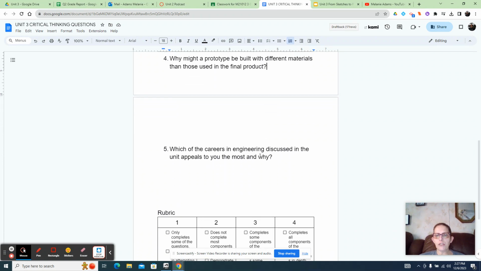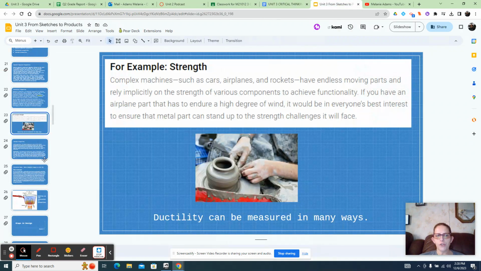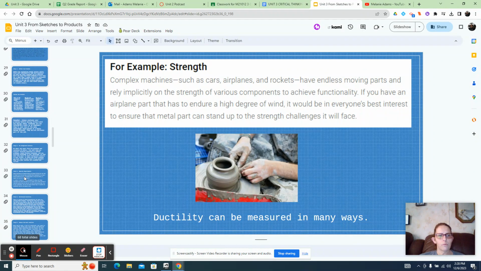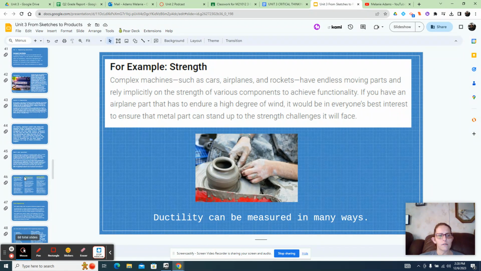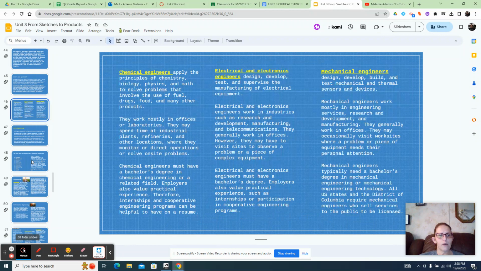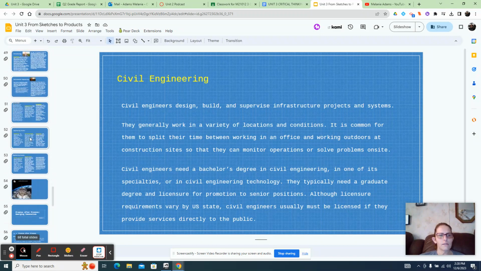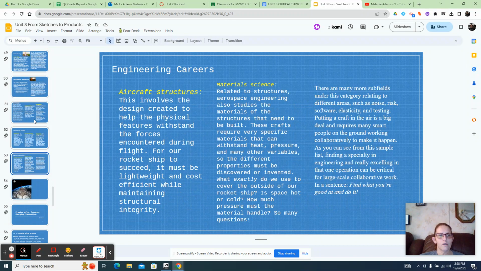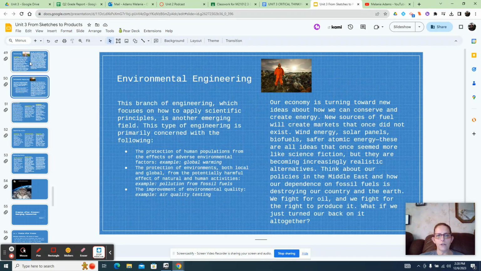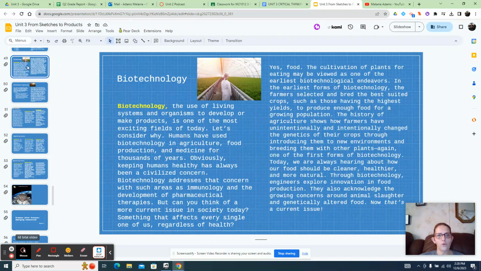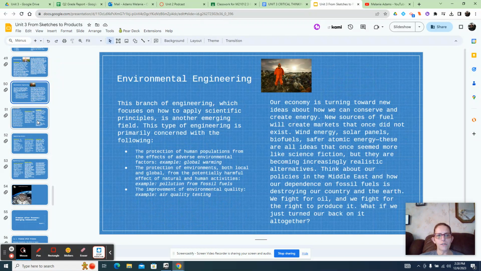Which of the careers in engineering discussed in the unit appeals to you the most and why? So you're going to go to your slideshow, go to that end where we have that list of careers, and you're going to pick the ones that apply, which ones are interesting to you. Now, this is a you question, so there's no right or wrong answer here. It's the ones that you think is most interesting.